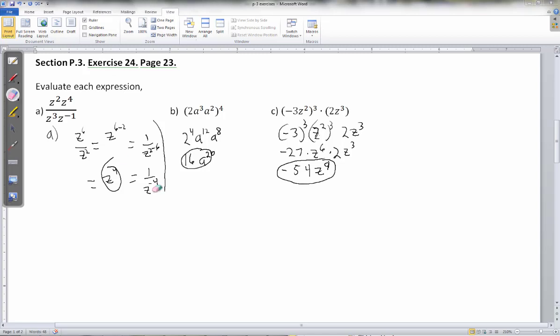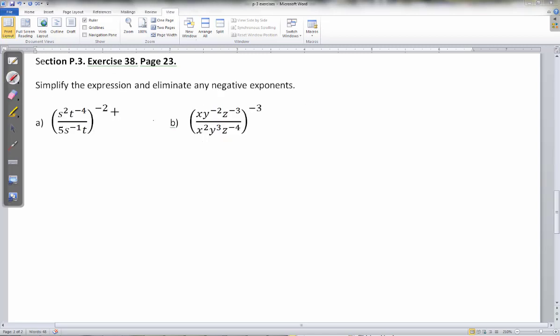Let's hit the next one. I think this will be the last example of the video. We have 2 parts to this problem 38 on page 23. In both parts, we have a fraction raised to an exponent. So I certainly can distribute the exponent through to everything first.